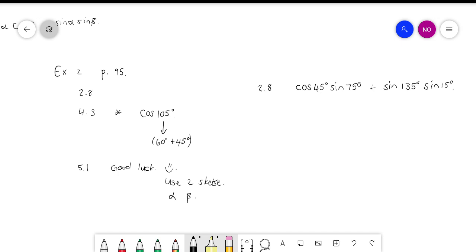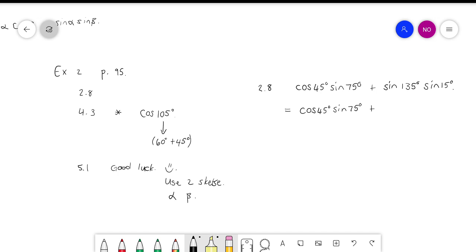Okay, so when we're looking at these, I'm going to leave cos 45 as is for now because it is already an acute angle. I'm going to leave sine 75 for now. If you've done a few of these, you will see that you will have to change that sign in the next step. Why? Because I don't have one of these expansions that is cos, sine, plus sine, sine.